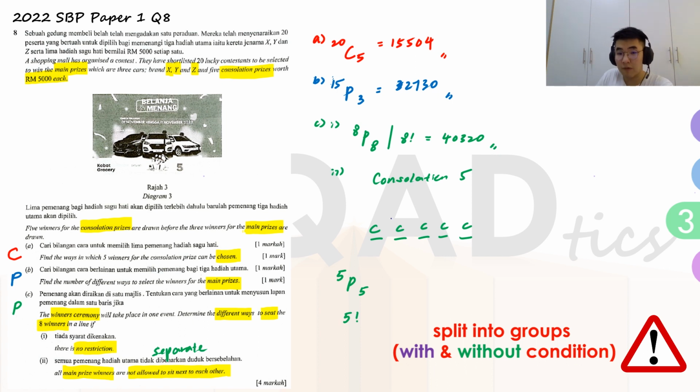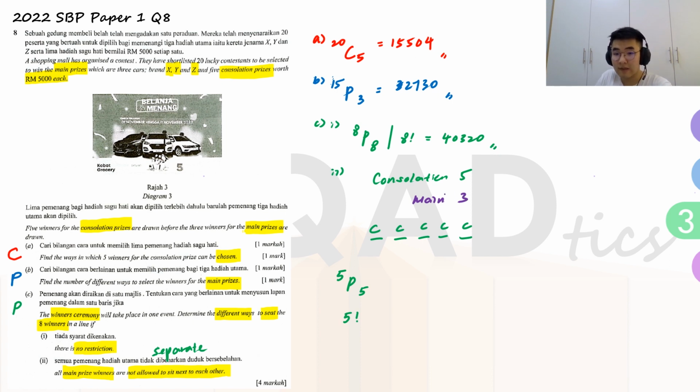For the group with condition, it will be those who got the main prize, which is 3 of them. We can seat these 3 contestants in between those who got the consolation prize, so it can be here, here, here, and beside of them. There will be 6 possibilities, so 6 seats to seat 3 people.